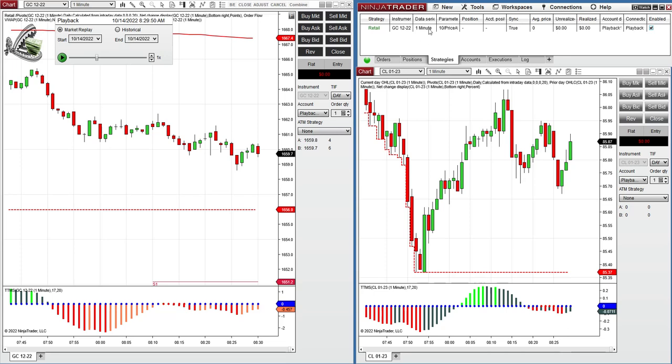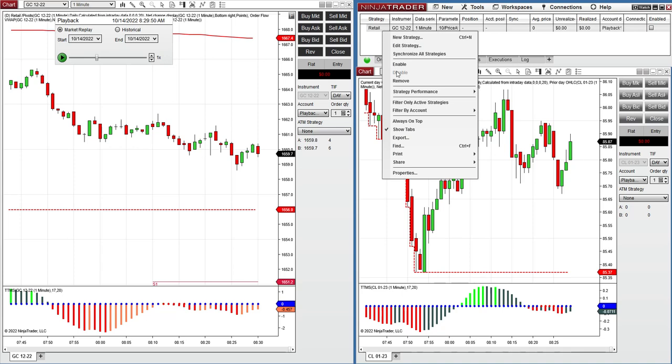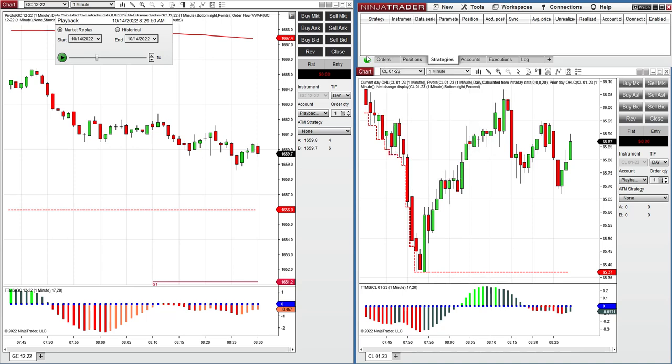So I'm going to remove my trade. If you want to remove a trade setup, right-click the trade setup and just click remove. And it's gone. Okay?